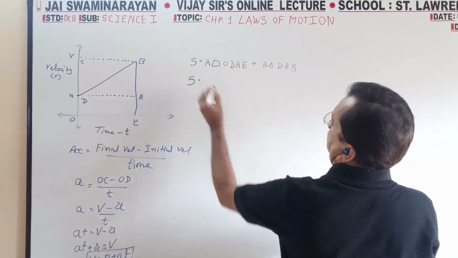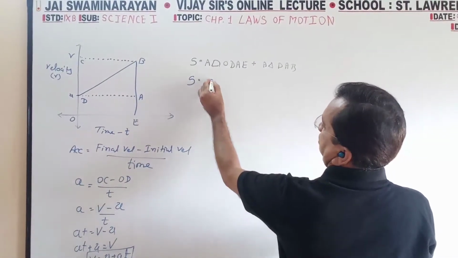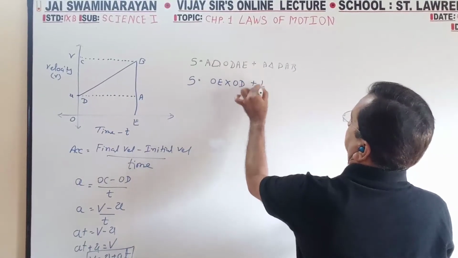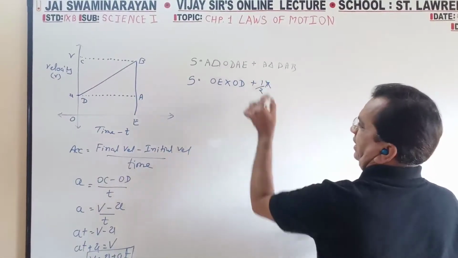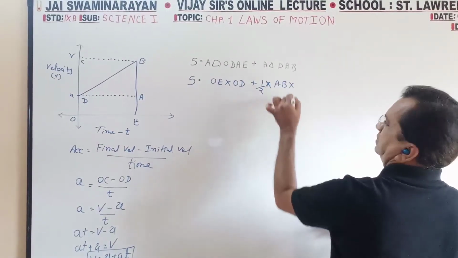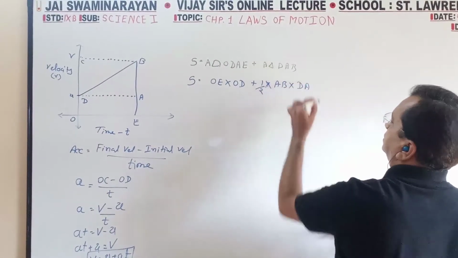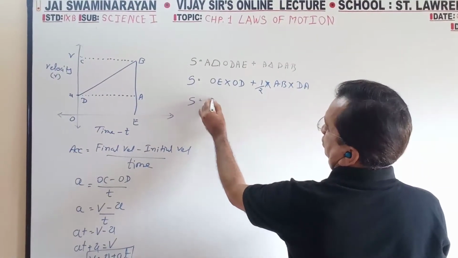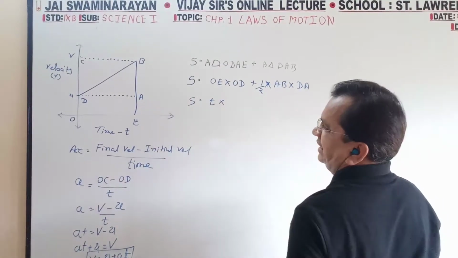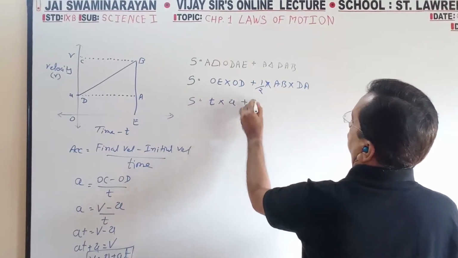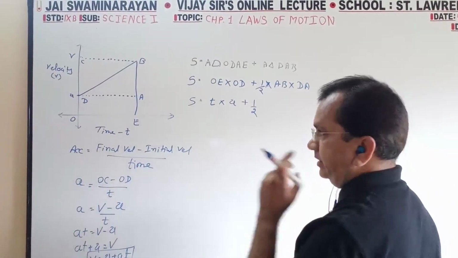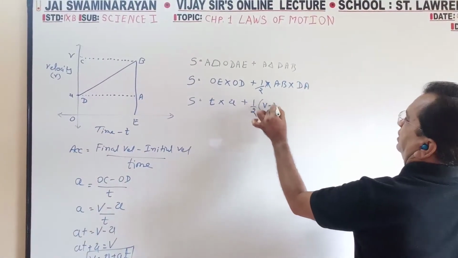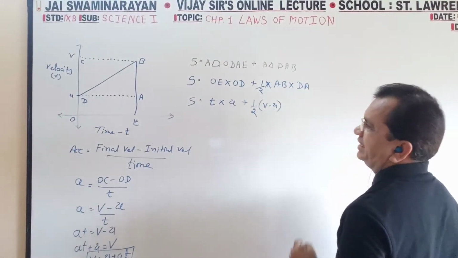So, area of rectangle is length into breadth, plus this is half into height into base. So, EO is time, DO is U, AB is equal to this minus this, means it is V minus U. DA again is time.